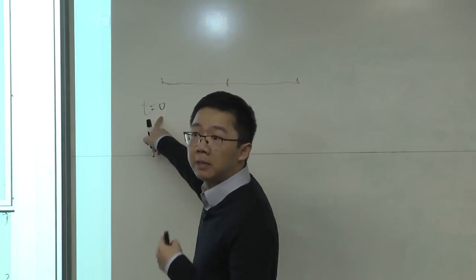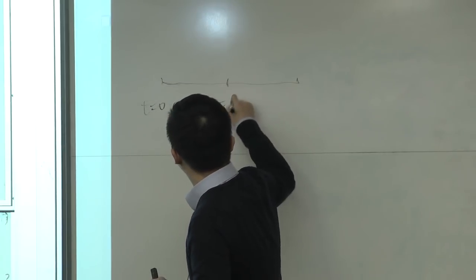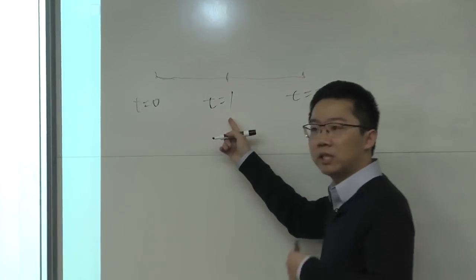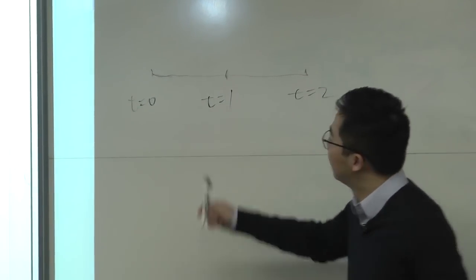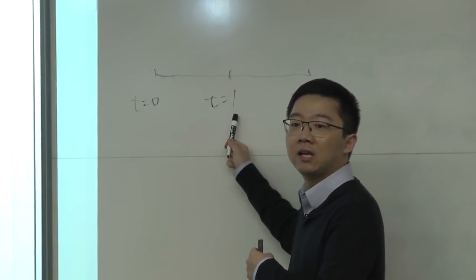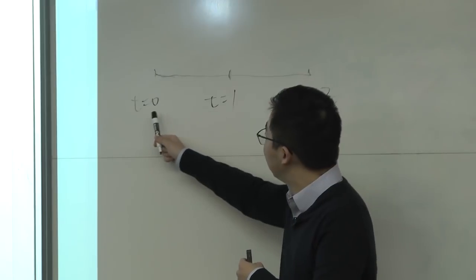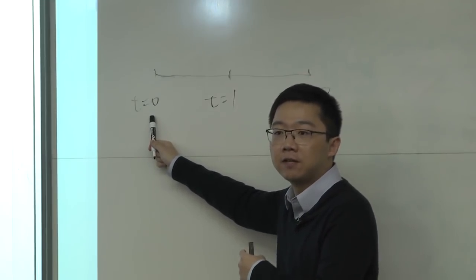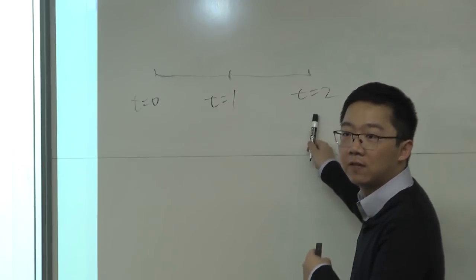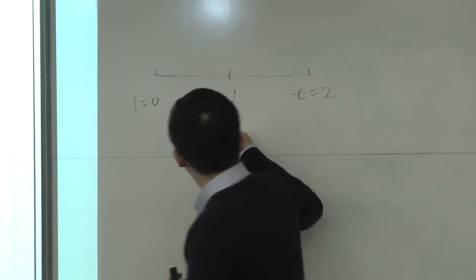T equals 0 means current time, and T equals 1 means 1 year later. That's the end of the first year or the beginning of the second year, right? And T equals 0 is the beginning of the first year. T equals 2 is the beginning of the third year or the end of the second year.